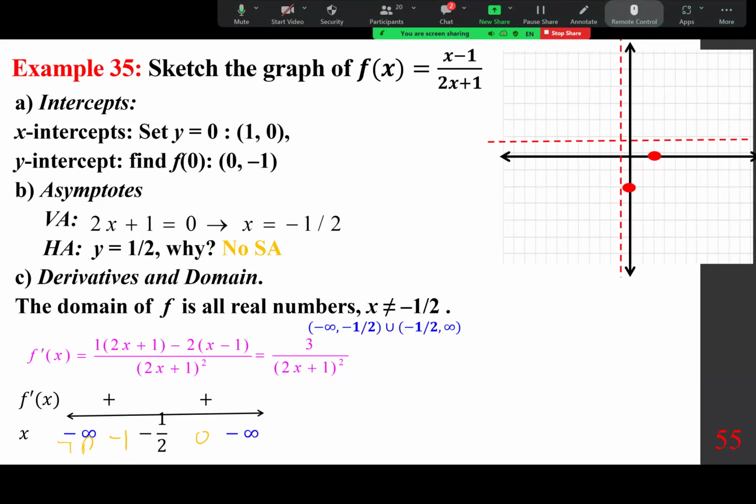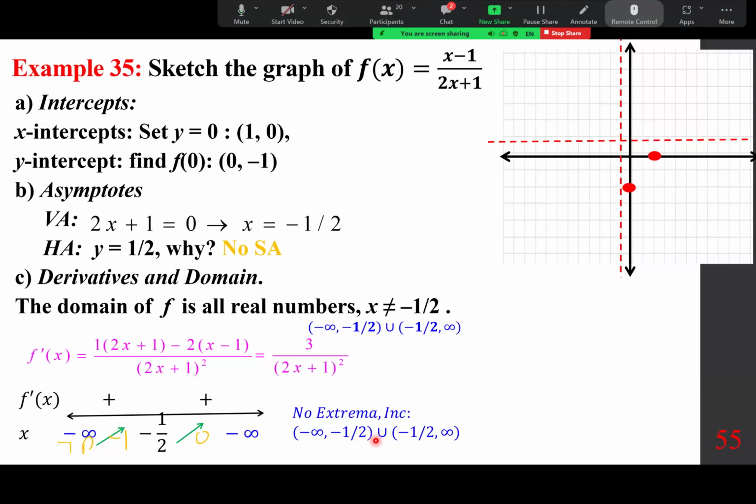To the right, 0 would be the easiest. If you plug in 0, you get 3 over 1 squared. If you put in negative 1, whatever this is gets squared, so it becomes positive. So both sides are positive. So it's always increasing. There is no local max or min. There are no extrema. So it's increasing in the entire domain.